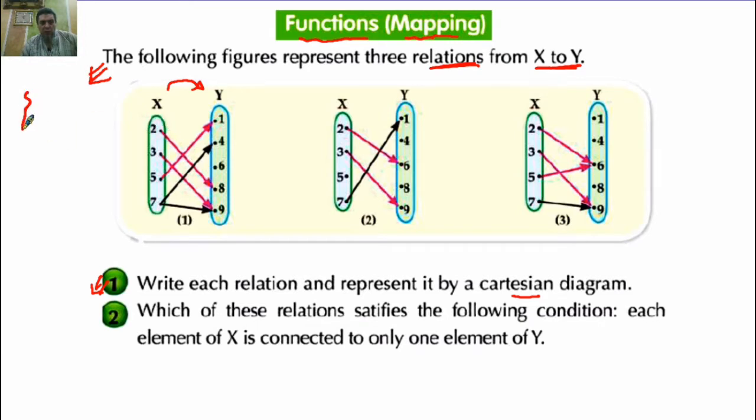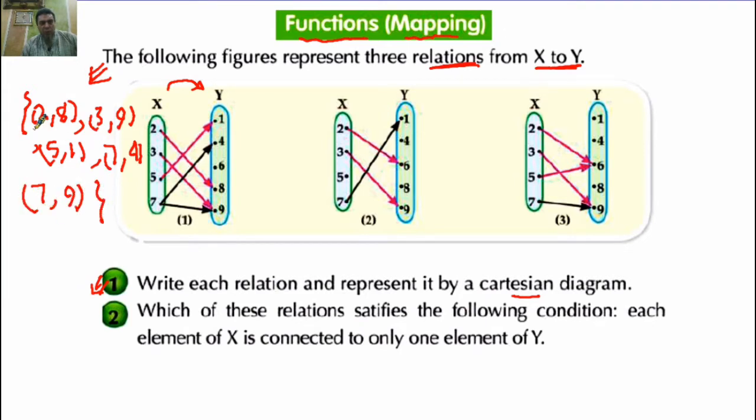The ordered pairs are 2 and 9, 2 and 8, 3 and 9, 5 and 1, 7 and 4, 7 and 9.